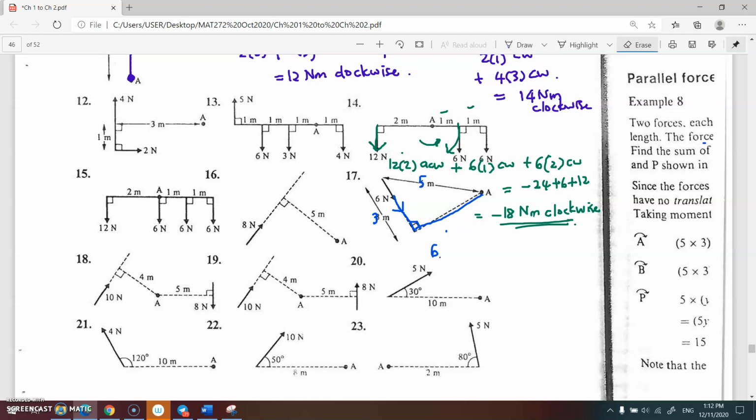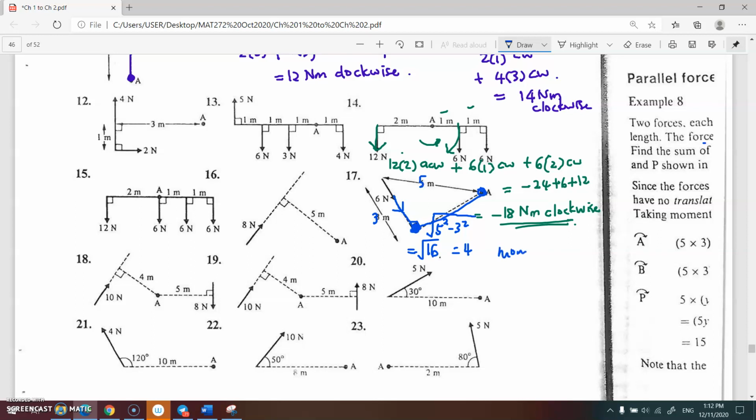Or by using the formula, you can just write the square root of 5 squared minus 3 squared. So 25 minus 9, you get the square root of 16, which is equal to 4. So from this point to this point is 4 meter.